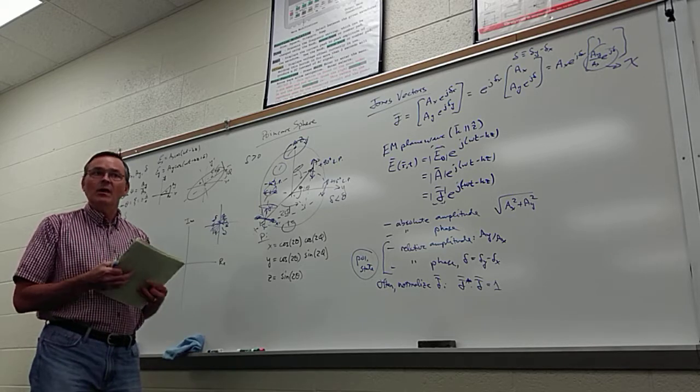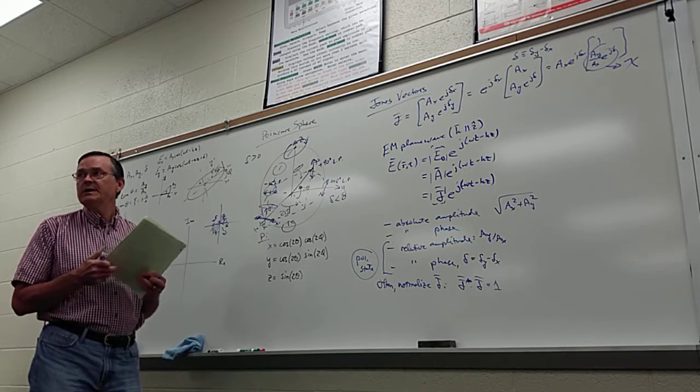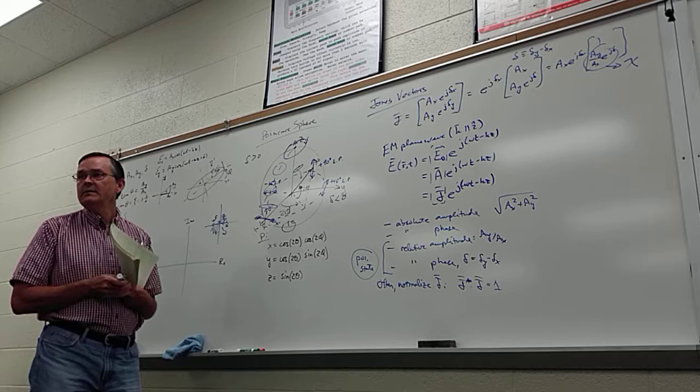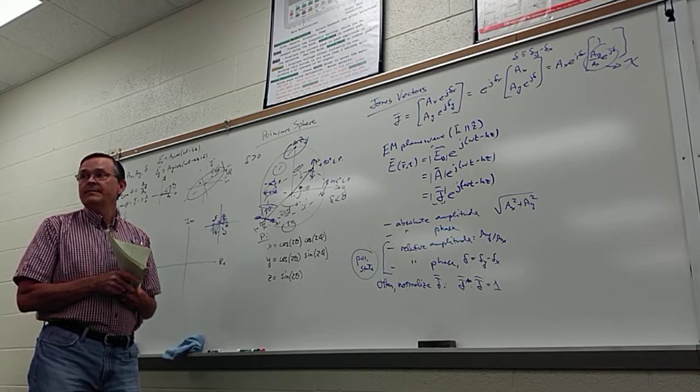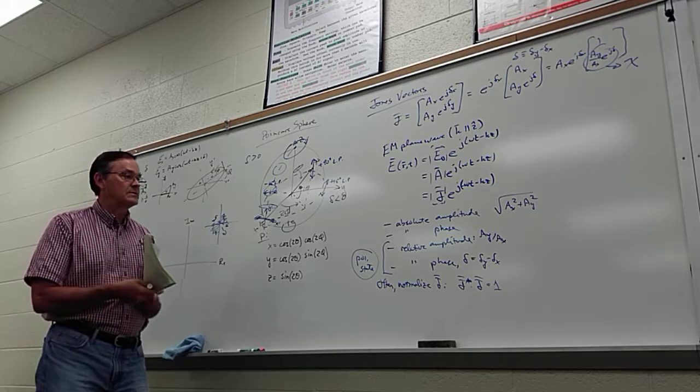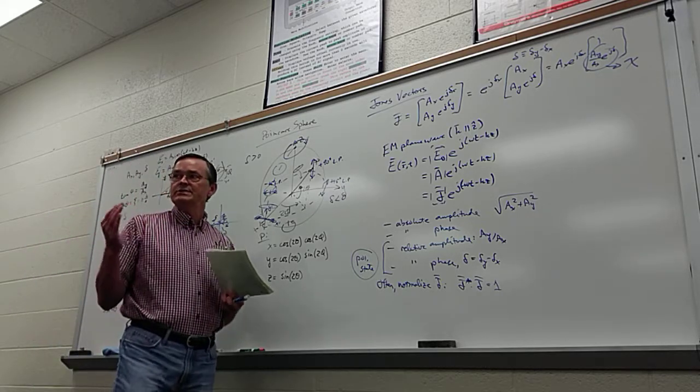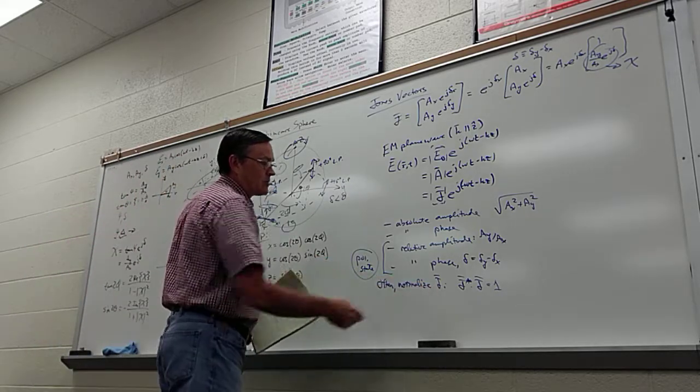And we do that when all we care about is the polarization state, and we just don't care about the overall amplitude or overall phase. If we're just trying to track polarization state, then often we'll use a normalized Jones vector.